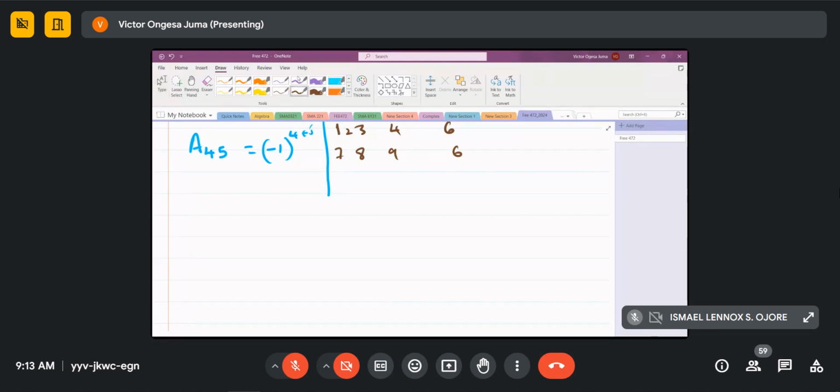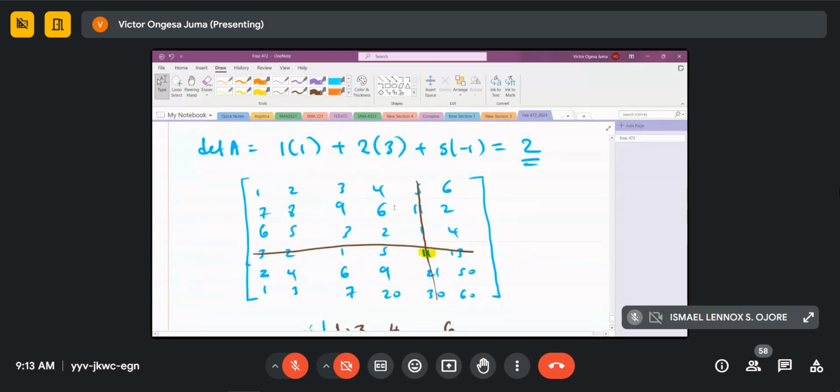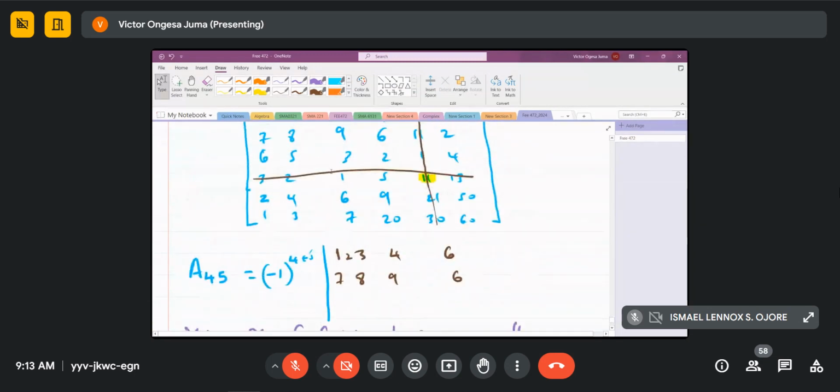So we use the Gaussian elimination method based on the following properties. I was just giving you this example so that you appreciate why this method is important, because it simplifies what we would have done here.